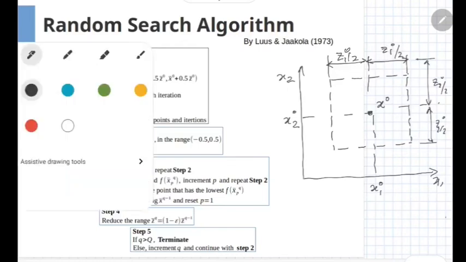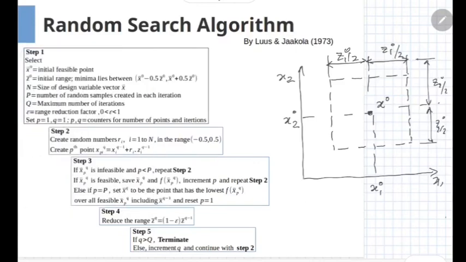In the first part of this algorithm, we are going to create a certain number of randomly generated points within this search space. So we will define some randomly generated points which are within this search space. Now understand that this problem is that of a constraint type.